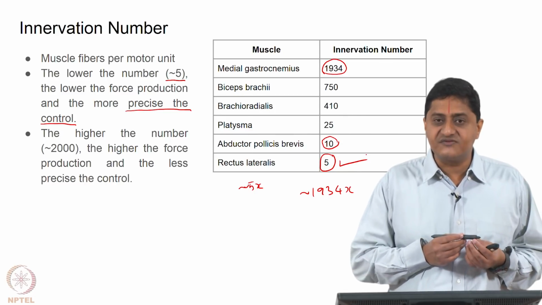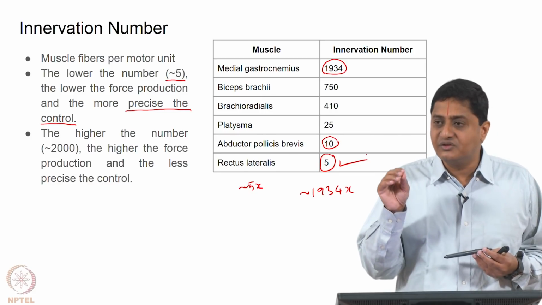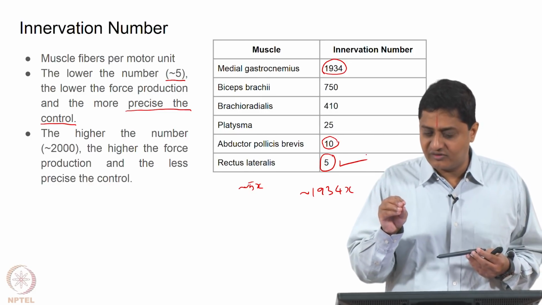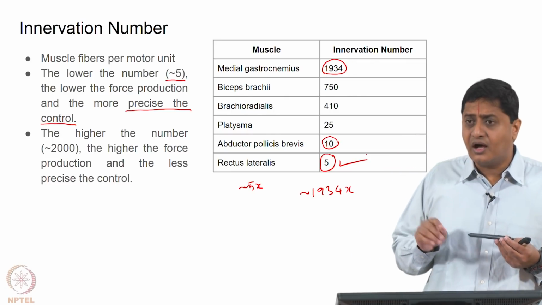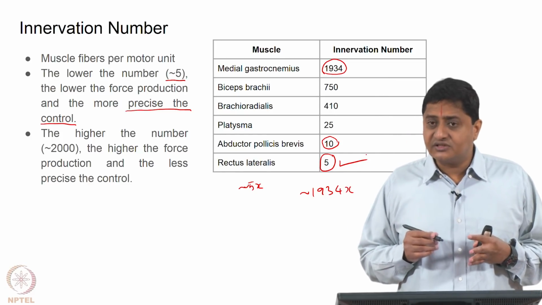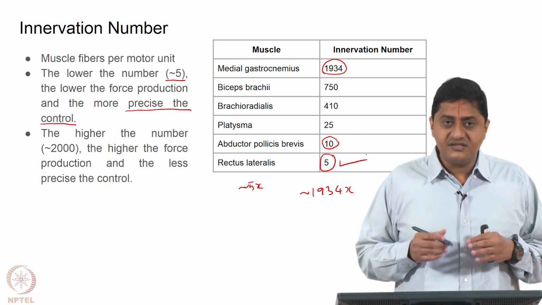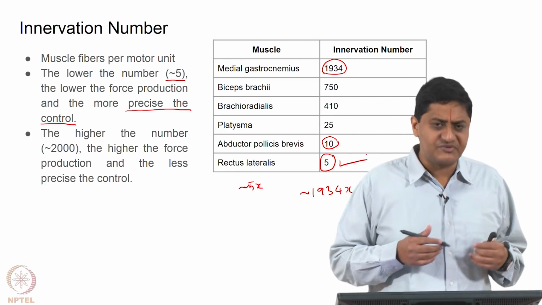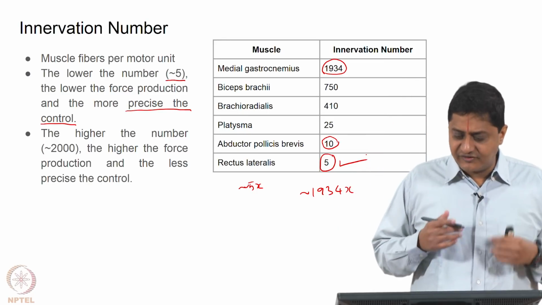So, there are cases when I need to produce a few newtons or less than a newton of force to manipulate objects with the fingertips, and there are cases when I need to produce several thousands of newtons, or kilonewtons, of force from time to time. These are distributed, of course, in different limbs. So, I am talking about hands and legs, but there are different cases.